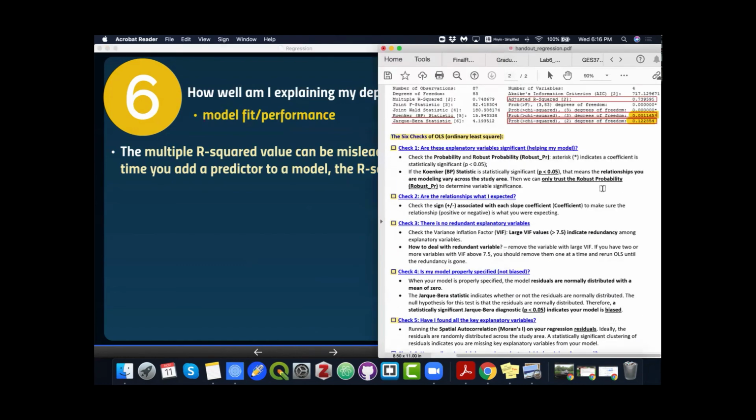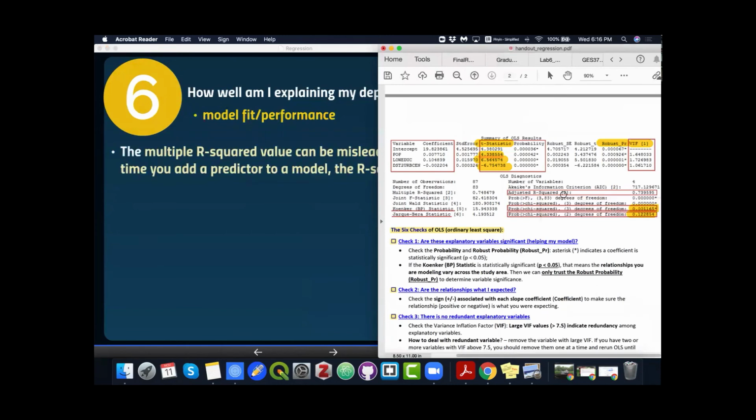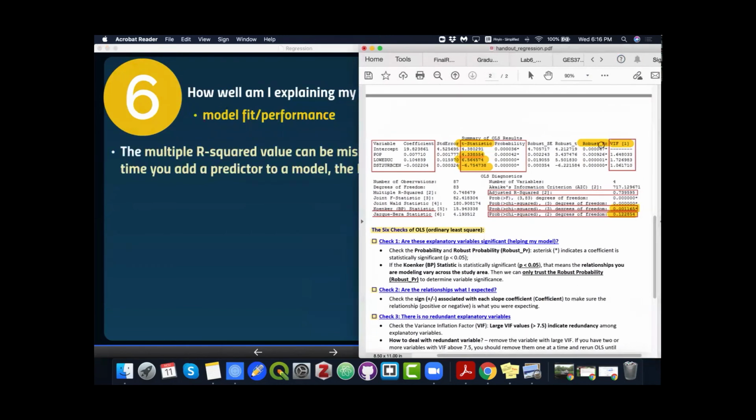However, let's come back here again. Let me just go to the conclusion first. In order to determine your model performance, instead of looking at the multiple R-squared value, we should be reading the adjusted R-squared value.